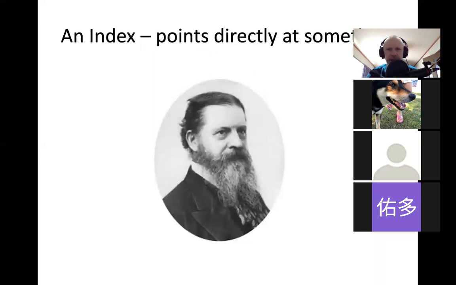And you think, well, what does that mean? It's a sign that points directly at something. A sign that you use, and it points directly at something. It's slightly difficult to understand maybe what that means. Have a think about what an index could be in that case.